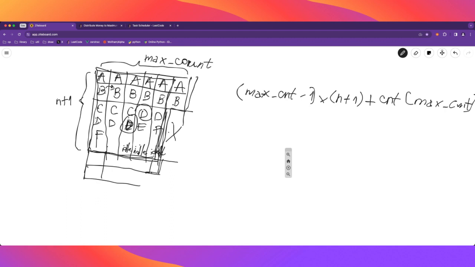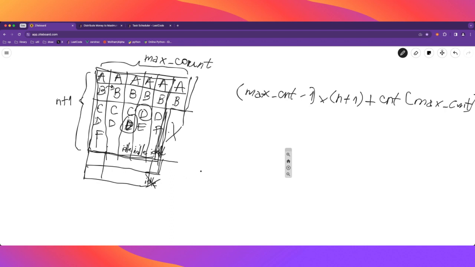And at the end, we don't need to add more idle time, because we already have enough tasks between the consecutive occurrences of the same task.